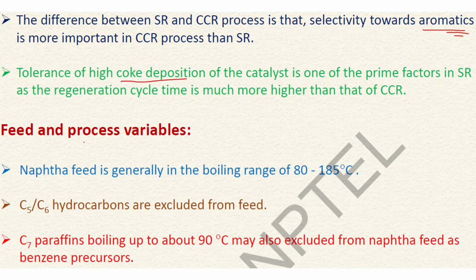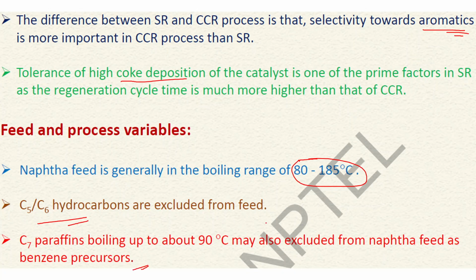Okay. Coming on to the feed and process variables, naphtha feed is generally taken in the boiling range of 80 to 85 degrees C. C5, C6 hydrocarbons are excluded from the feed, and moreover C7 paraffins boiling up to 90 degrees are also excluded from the naphtha feed. Why so?